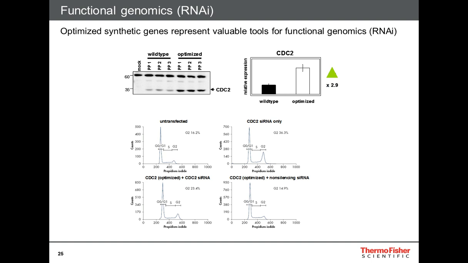Now, if we transfect this siRNA together with an optimized gene for CDC2, then CDC2 can be expressed again, and this siRNA cannot silence the optimized version. And on the bottom left, you see that again the fraction of cells arrested in G2 decreases.